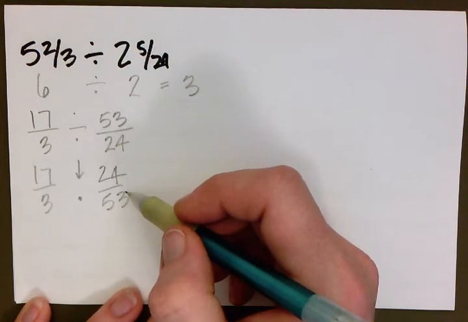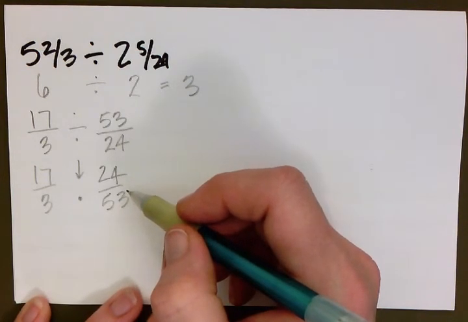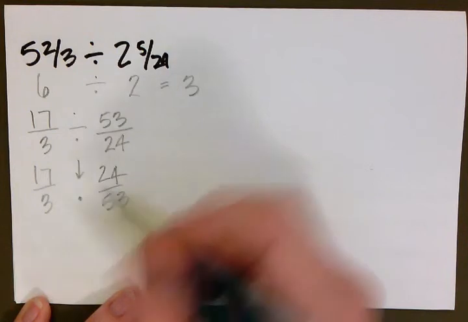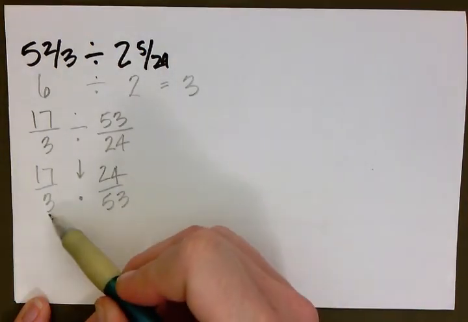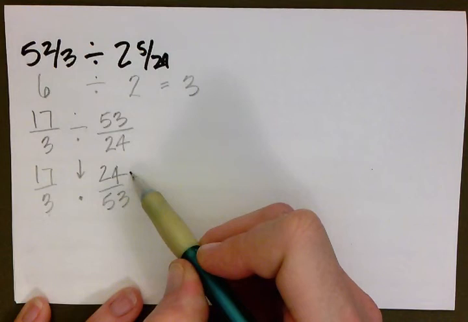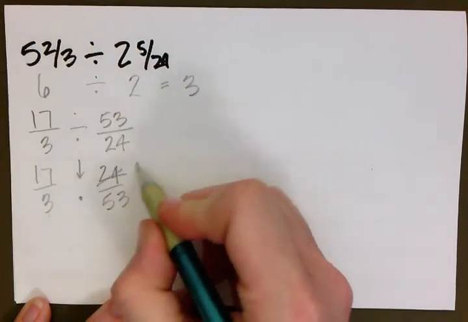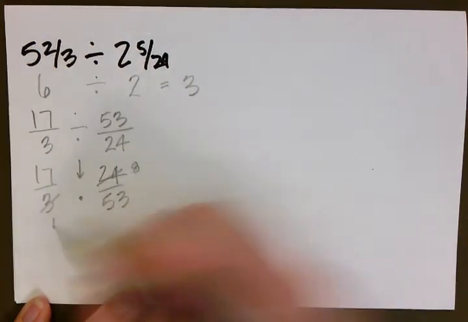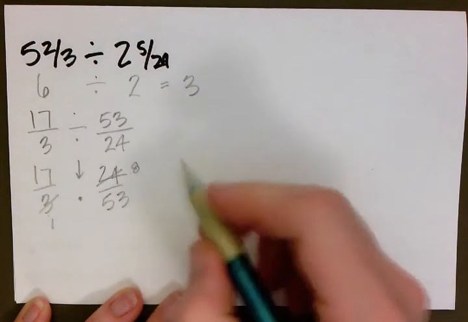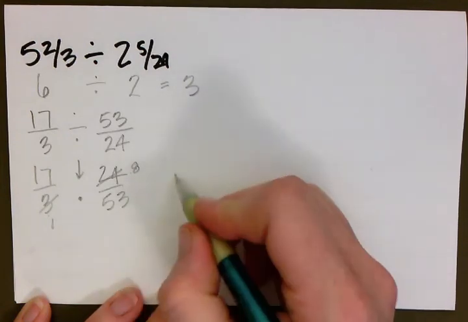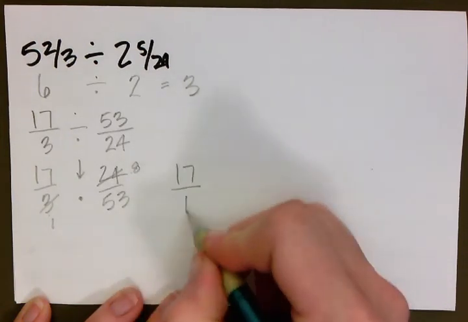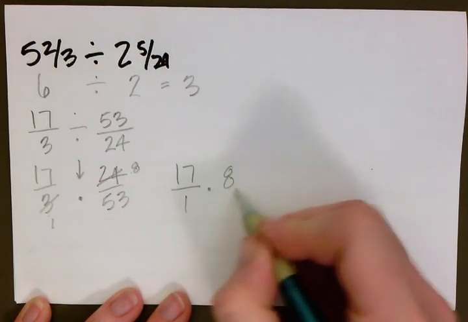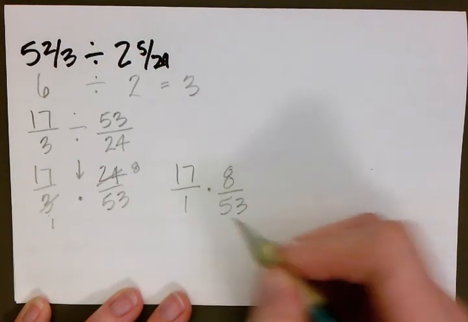Okay, at this point I'm going to do some simplification. What I see here that I can do is that 3 goes into 3 one time, and 3 goes into 24 8 times. I'm going to rewrite it just to make it a little bit cleaner. So now we have 17/1, and we're going to multiply that by 8/53.